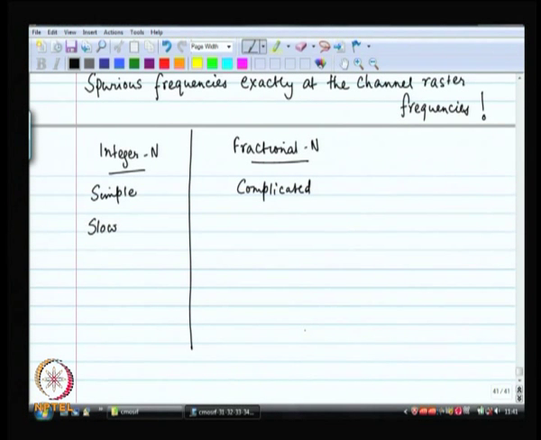Fractional n can be made fast. Okay. Slow in the sense it has very slow settling time. The settling time is really inversely proportional to the loop bandwidth. The larger the loop bandwidth, faster it is going to be, lower the settling time.